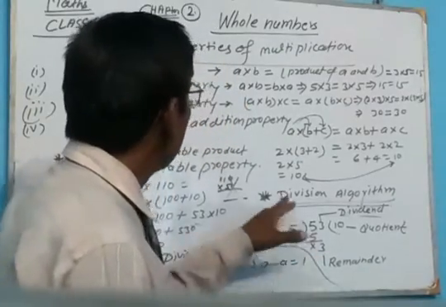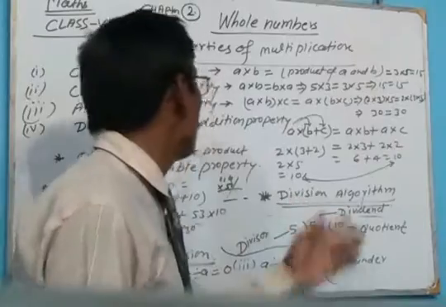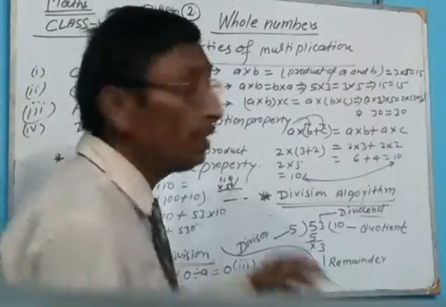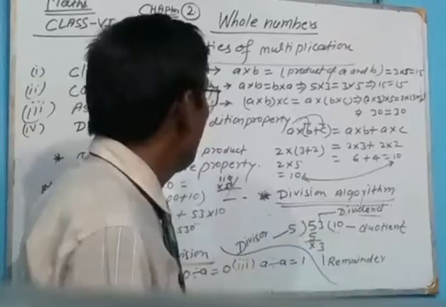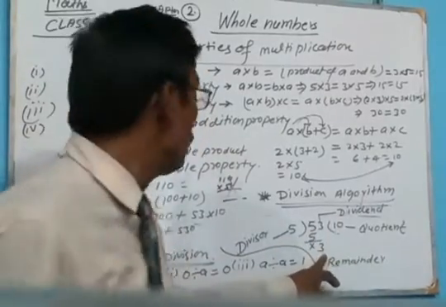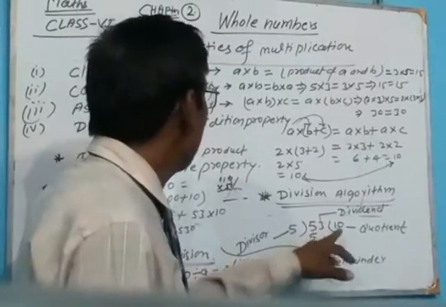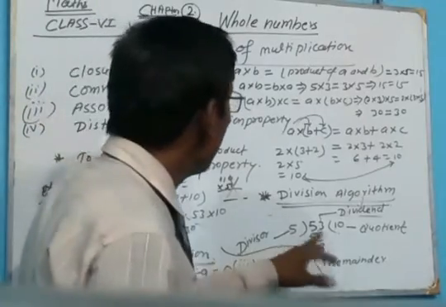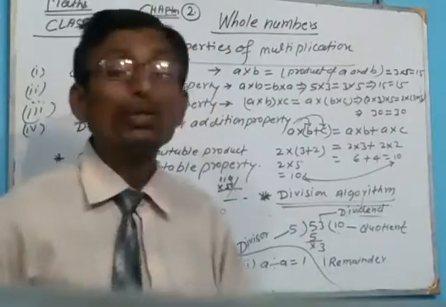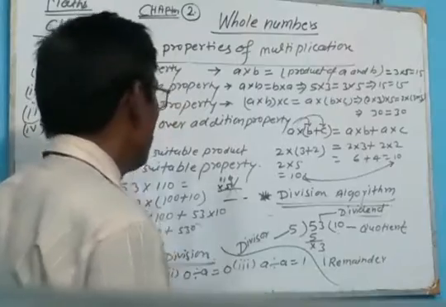Then what does the division algorithm say? It says that when we multiply 5 into 10 and we add 3, then we find 53 as a result. So it is the law of division algorithm.